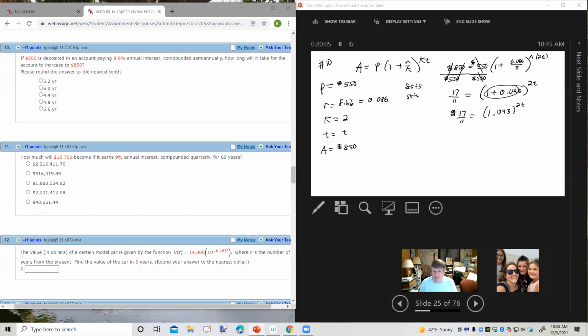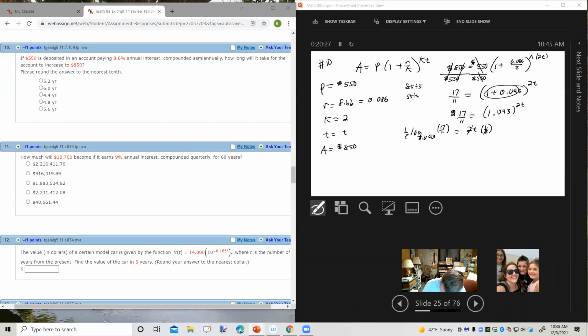Okay, so now it's in exponential form, where I can rewrite it as a logarithm. So I'm going to get log base 1.043 of 17/11 equals 2t. Okay. I'm going to multiply both sides by 1/2.